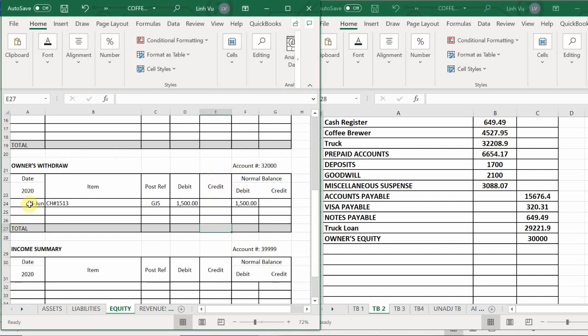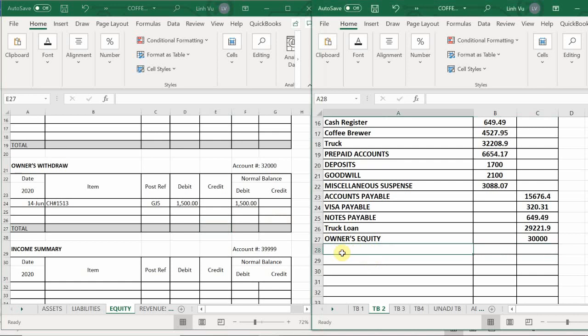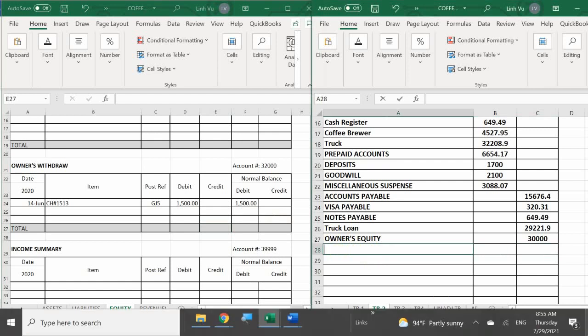Let's look at it. So owner's draw, this time we debited the account because we're taking away from equity. So in this case, owner's draw is going to be 1,500 on the left side, on the debit side.